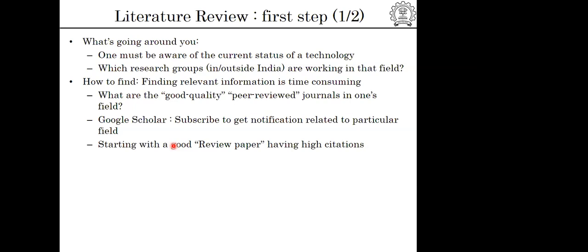Try to start your literature review by reading a good paper which has high citations. Do not go for very old review papers. Try to read a review paper which has been published in, let's say, the last 3-4 years, so that you can keep yourself up to date about the technical developments in that particular area.